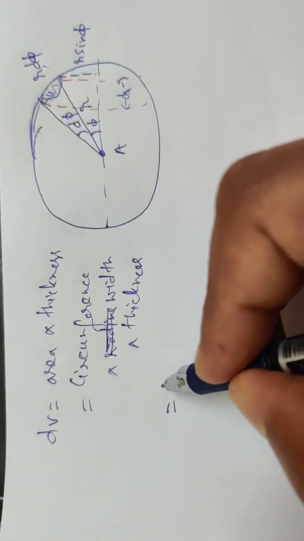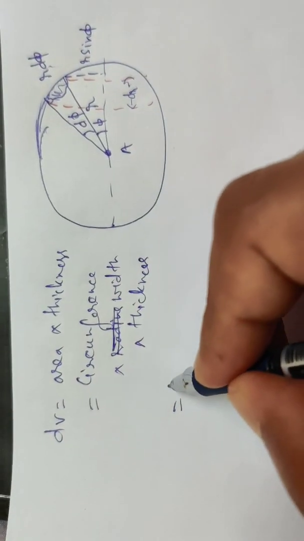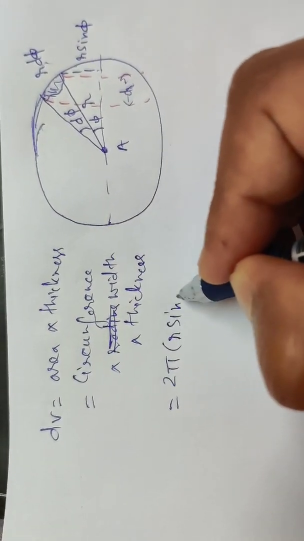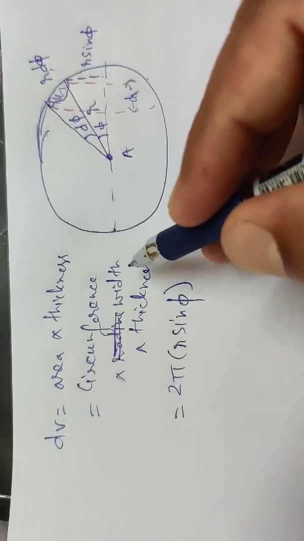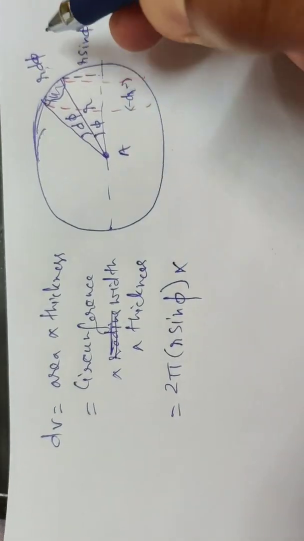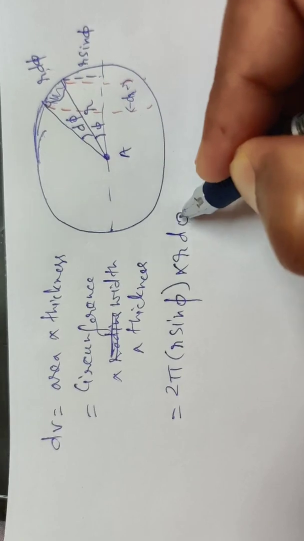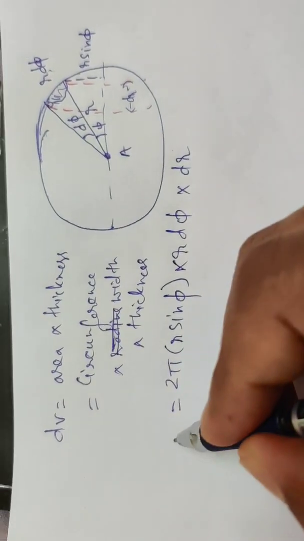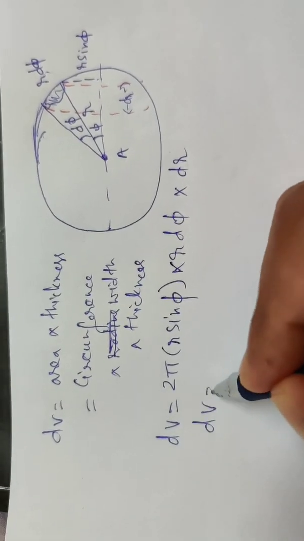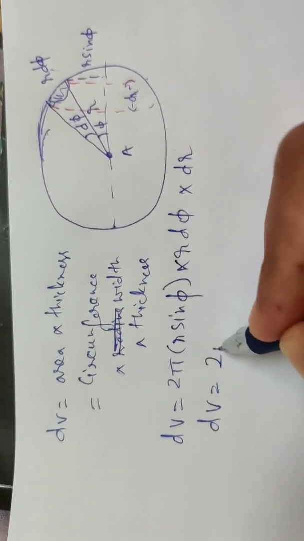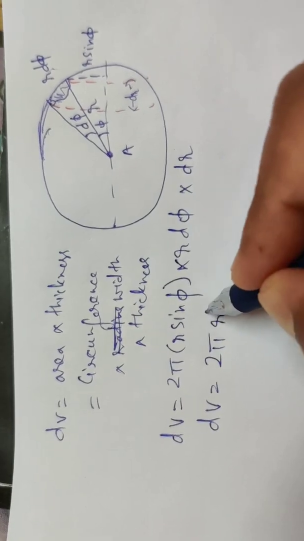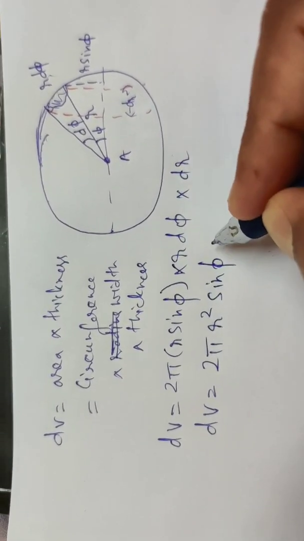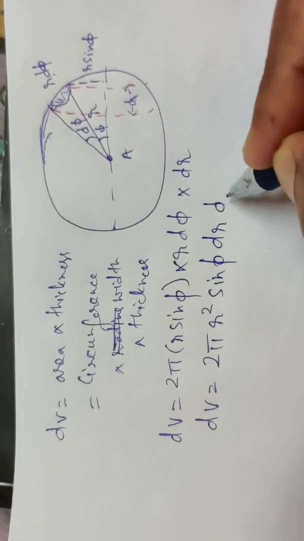What is the circumference? The circumference of a circle is 2 pi r, where r is r sin phi. The width is r d phi, and the thickness is dr. So dv will be 2 pi r square sin phi dr d phi.